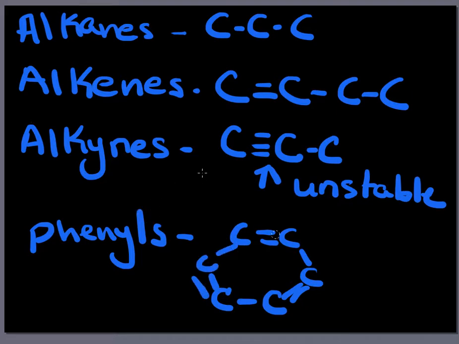So you have a double bond, and then a single bond, and then a double bond, and then a single bond, and then a double bond. So this alternating ring here is what's called a phenyl or an aromatic ring. The most common one for you would be benzene. Benzene is a refrigerant, and I believe that's the picture that's in your notes.